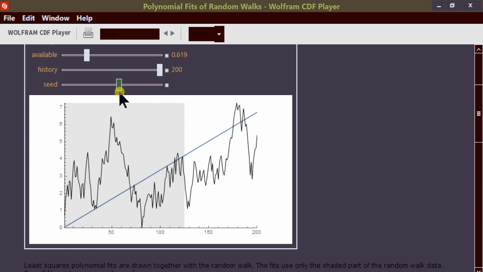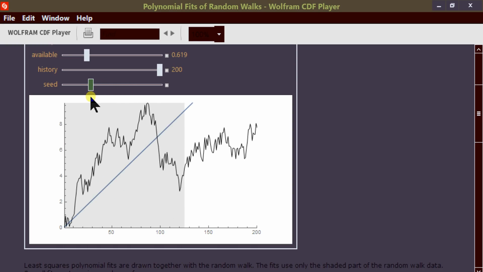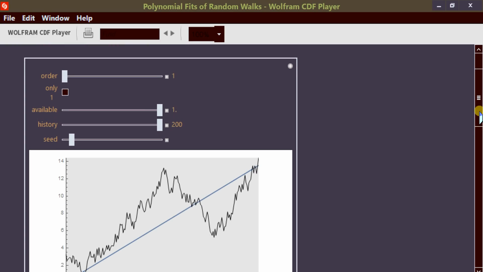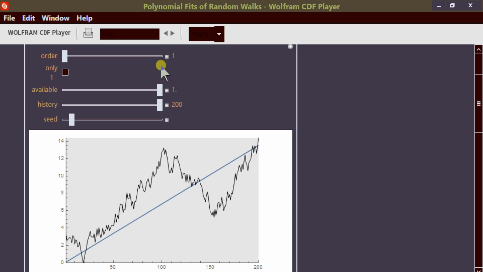Okay, so we got this view too. I suppose it's a trend line. I don't know what that line is on there. Okay. That's maybe the available. I don't know what that is. I'm just looking at the last closing prices. 200 periods, I suppose. 200 days.